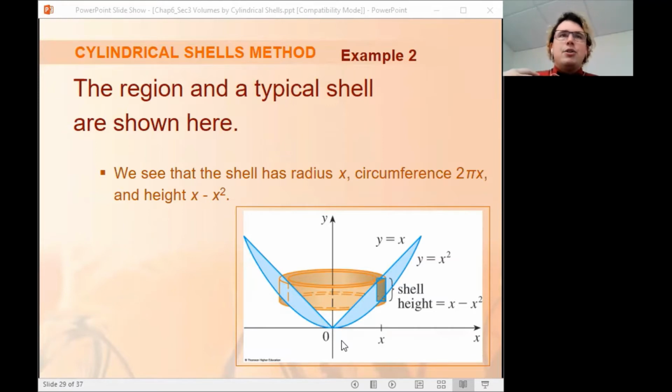I want to find my typical shell. So again, I'm taking this blue wedge shape and I'm rotating it around on my y-axis. It comes back over here, but this diagram is not in 3D, so the rest of this 3D shape has been omitted to make the picture easier to look at.